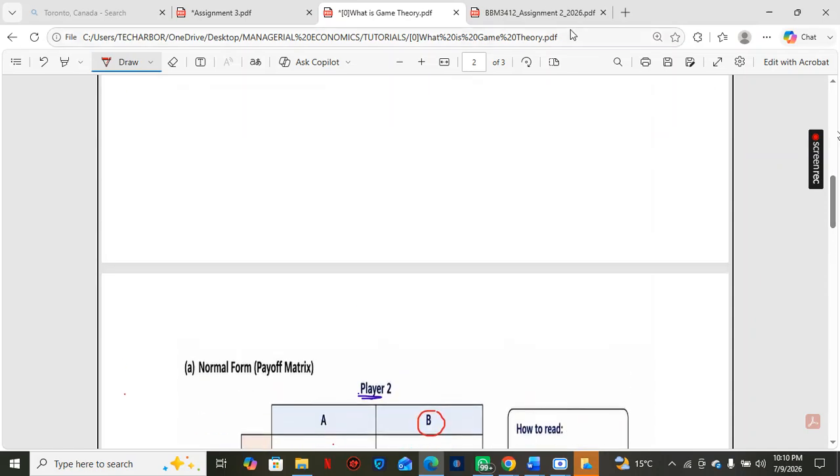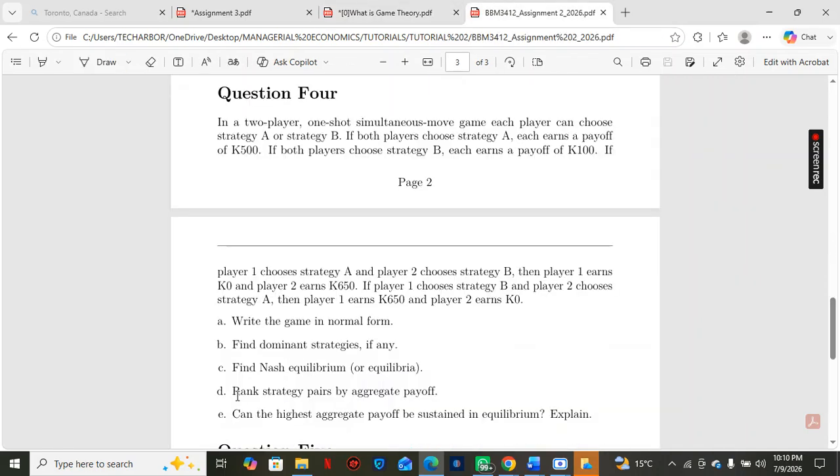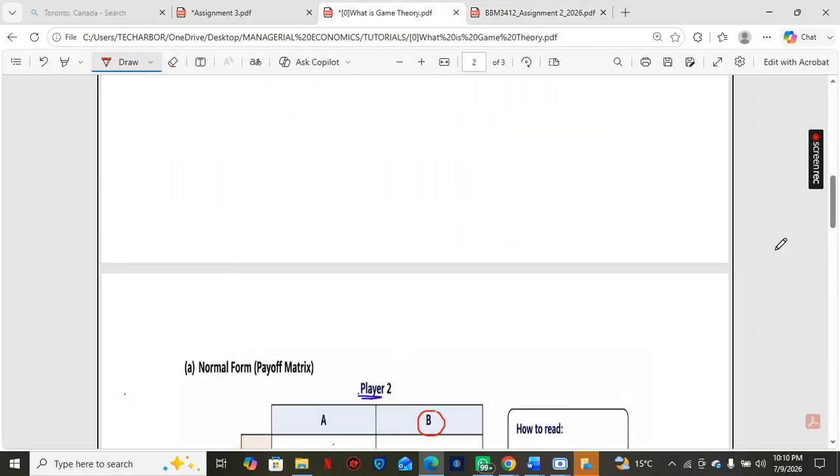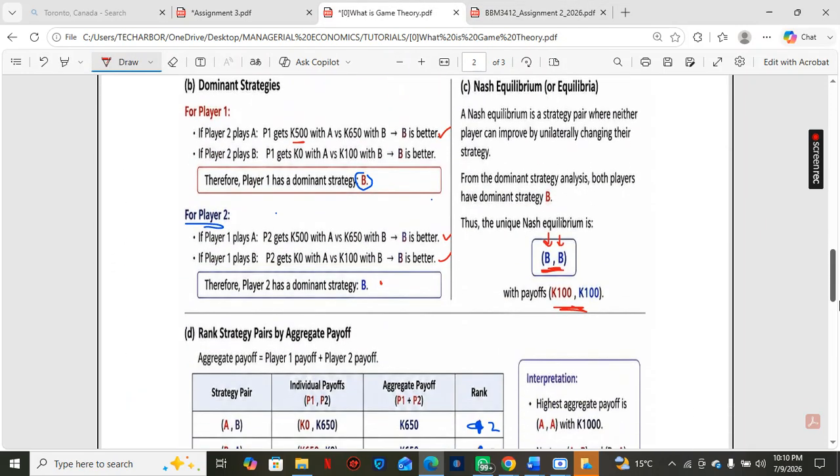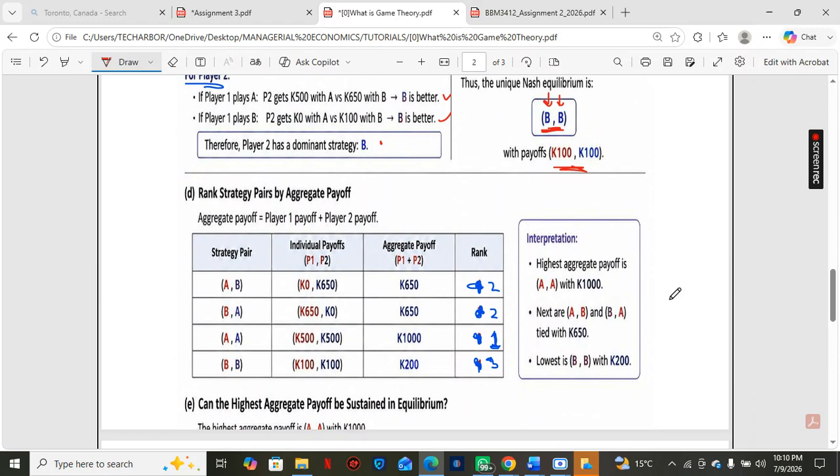Part D, rank strategy pairs by aggregate payoff. We're going to rank from the highest payoffs to the lowest. If player one chooses strategy A and player two chooses strategy B, the payoff is 0 and 650.